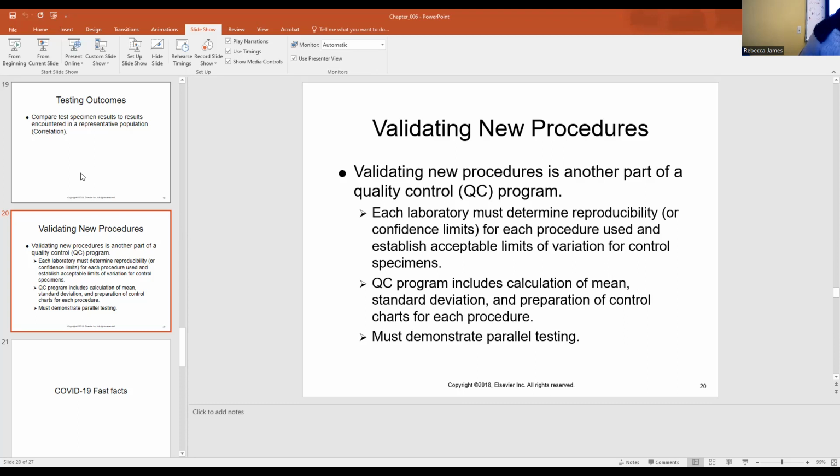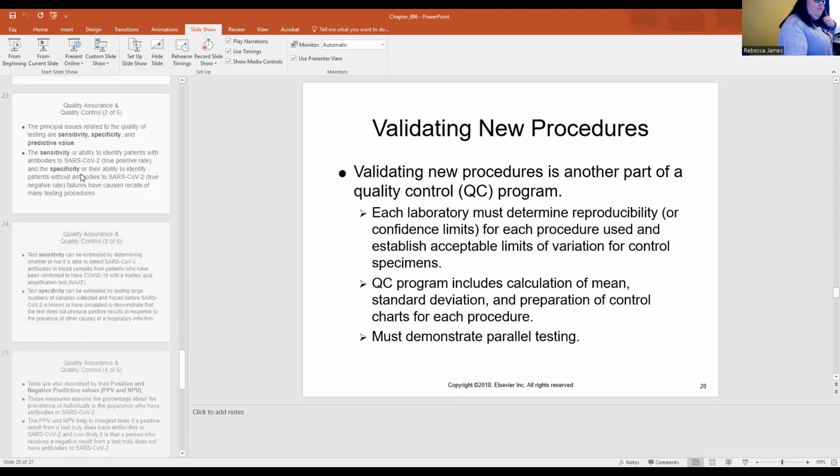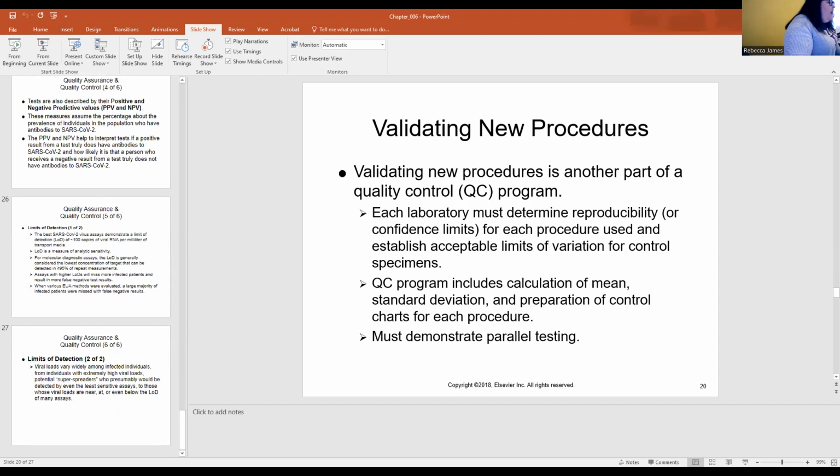If the laboratory is receiving a new lot shipment of the same test kit, only controls need to be done. If the test is a waived test, then the lab just needs to follow the instructions by the manufacturer. And that's that. It seems like a lot, but we'll talk a little bit more about it tomorrow.